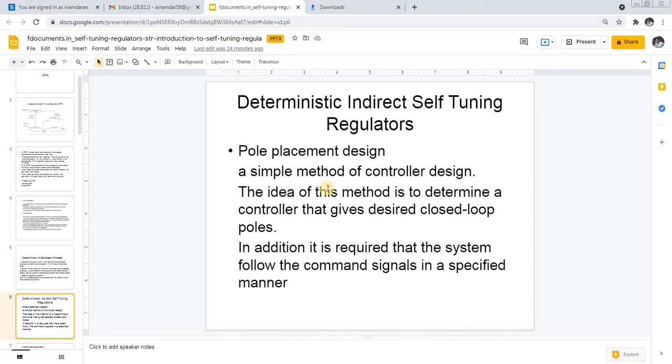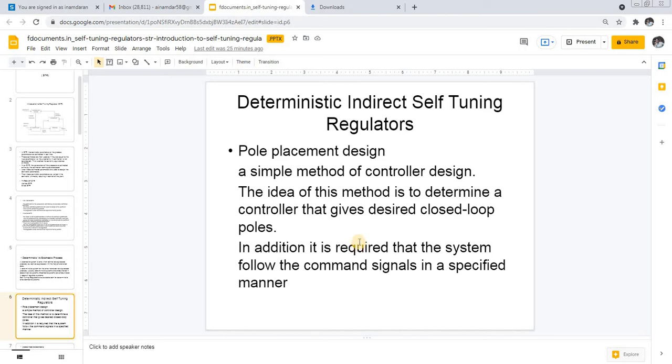Estimation can be performed continuously or in batches. In case of digital implementations, which are most common nowadays, different sampling rates can be used for the controller and the estimator. It is also possible to use hybrid schemes in which control is performed continuously and the parameters are updated in a discrete manner.